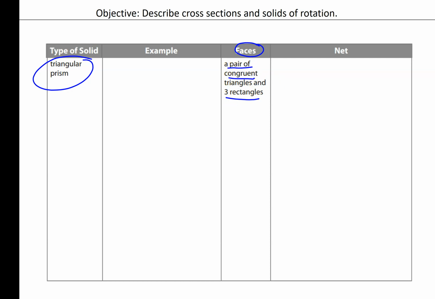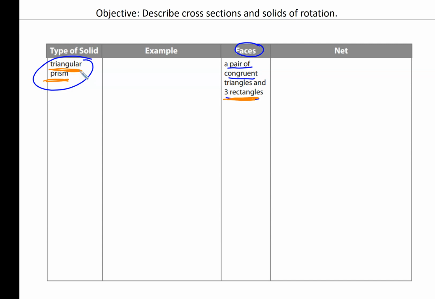Now, be aware, remember that prism and pyramid are very different. A prism has rectangular sides, but its bases can be other shapes. That's why in the previous one we called it a rectangular prism, because its bases had to be rectangles because all of its sides were rectangles. Here what this is saying is that the bases would be triangles.